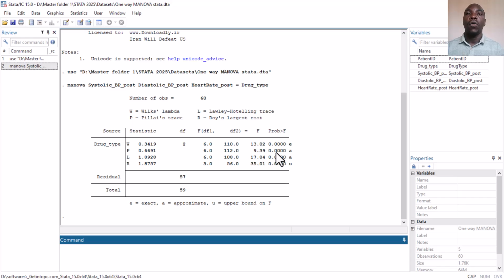Depending on the goal of your analysis, you can choose to use multivariate contrasts or univariate contrasts. For multivariate contrasts, you want to determine which drug or which groups of your independent variable are significantly different from the others as far as the overall vitals are concerned. You're looking at all the outcome variables together.